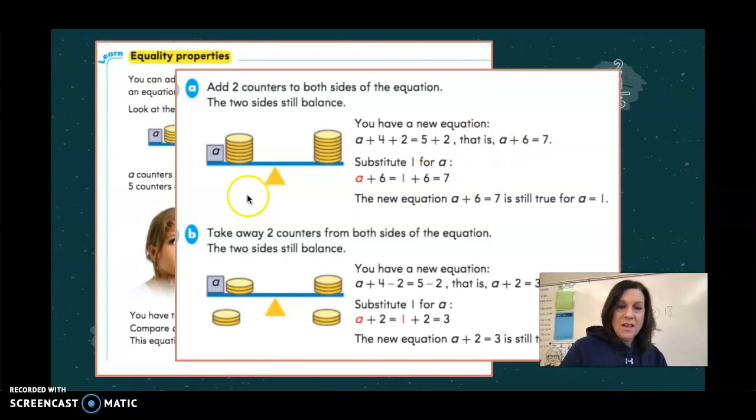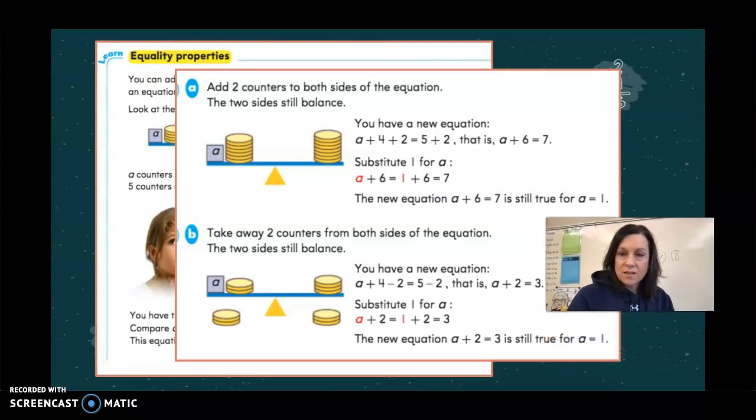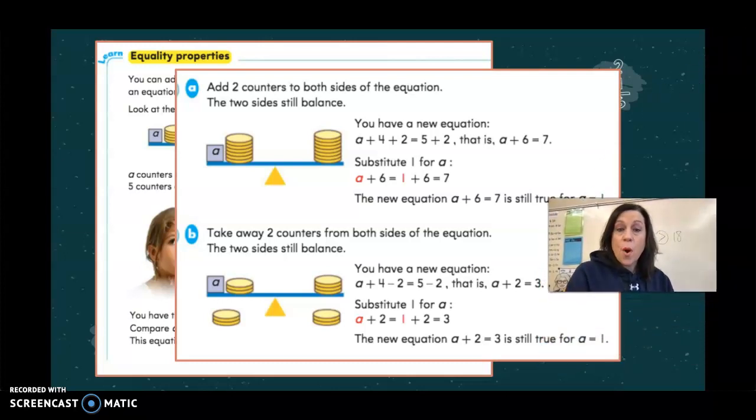Okay. Now let's take away 2 counters from both sides of the equation. The 2 sides still balance. They're still equal. So you have a new equation. You've got A plus 4 minus 2.